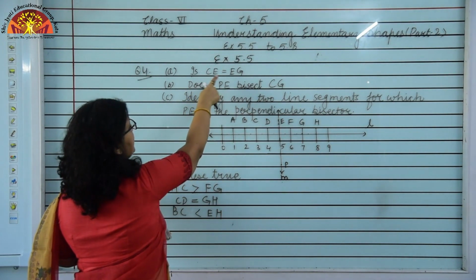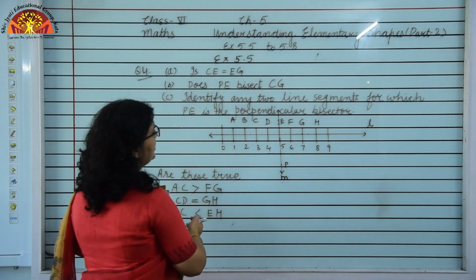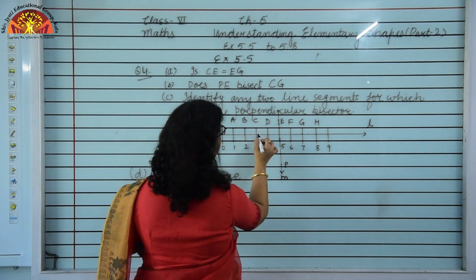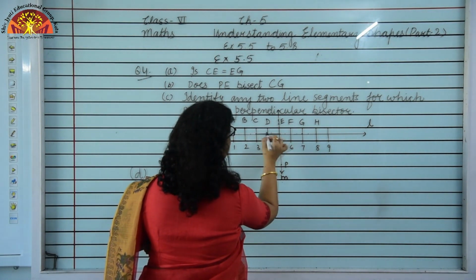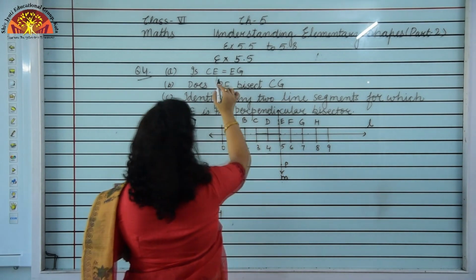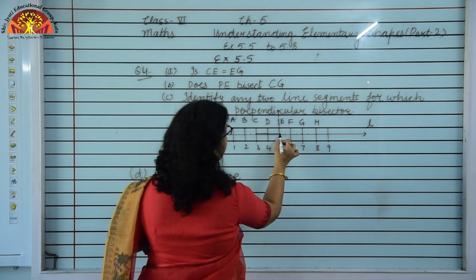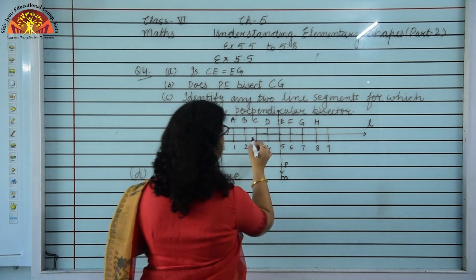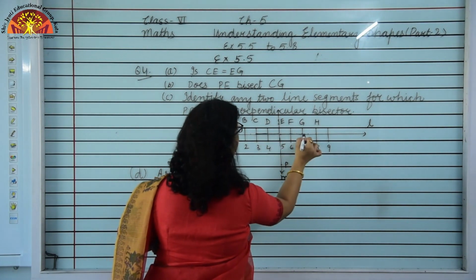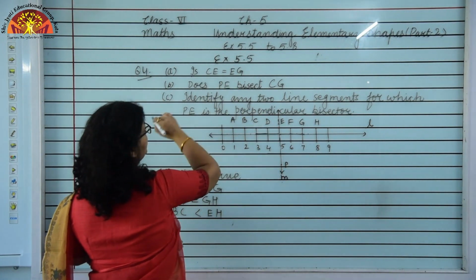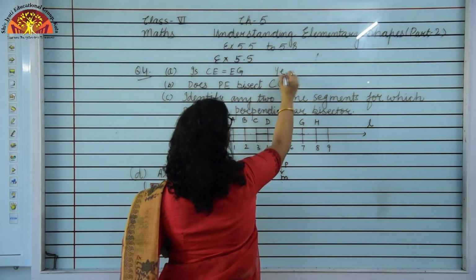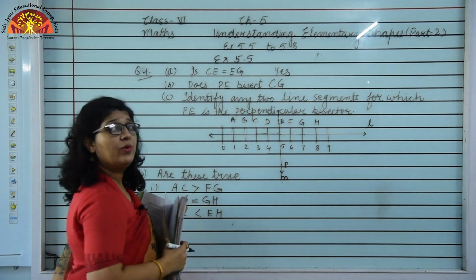Is CE equal to EG? Look here, CE, we have two units, CE. CE is equal to EG, E to F and F to G. So both have two units, so this is true. Yes, CE is equal to EG.